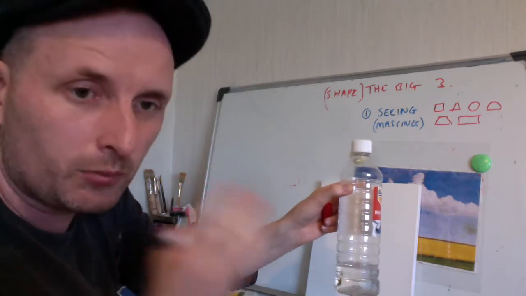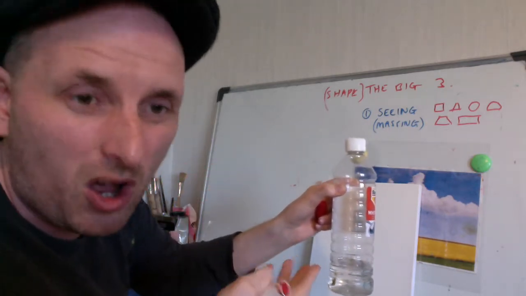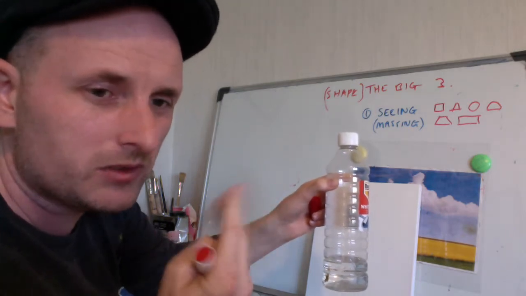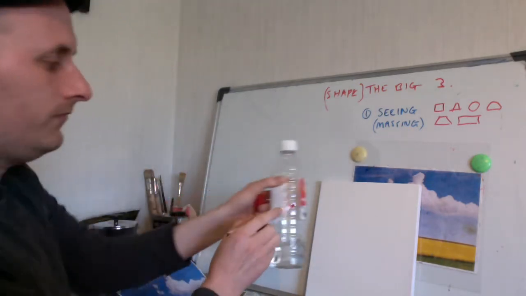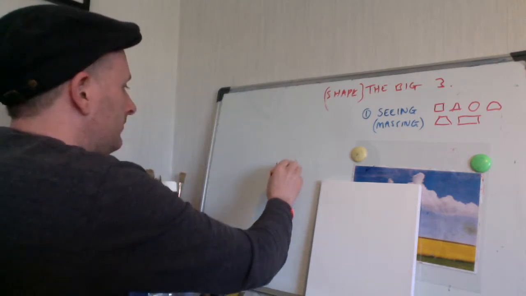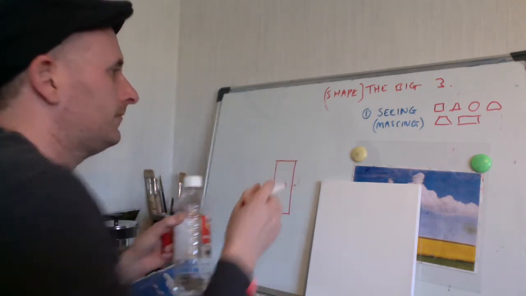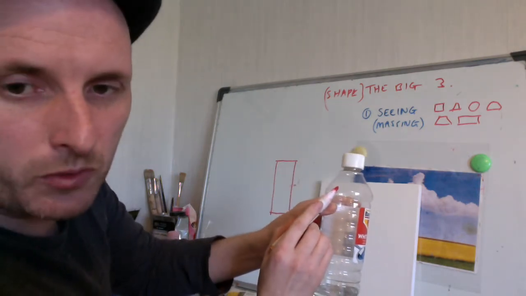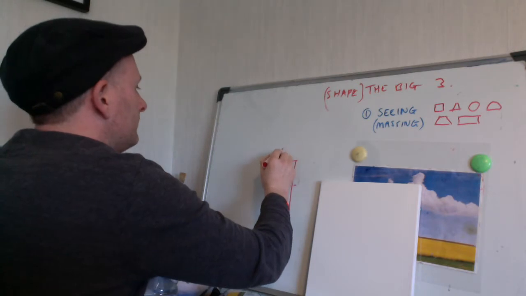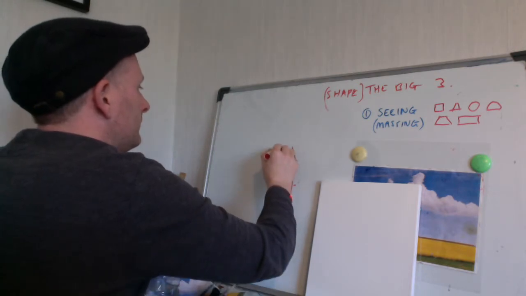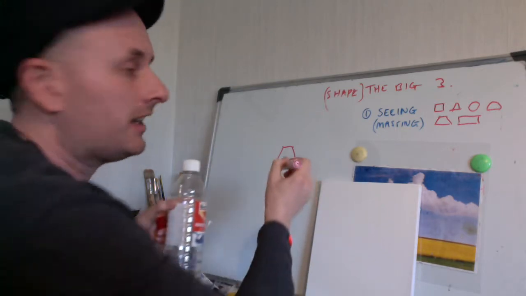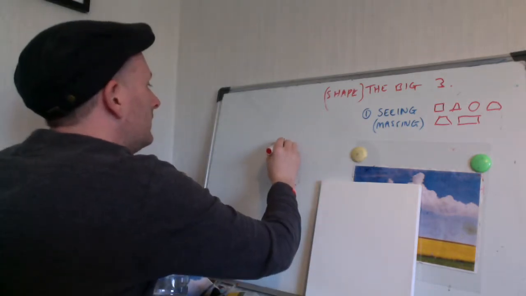When I break it down, the majority of this bottle is a combination of three shapes: a long rectangle, a trapezium, and a rectangle on its side, a smaller rectangle.